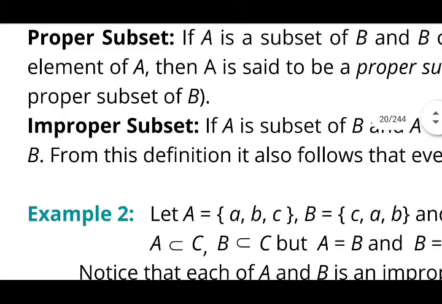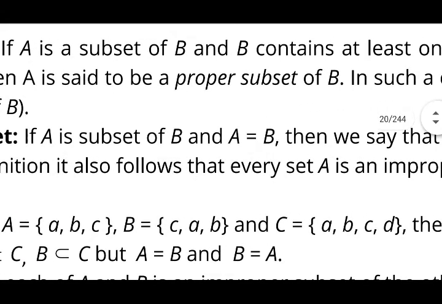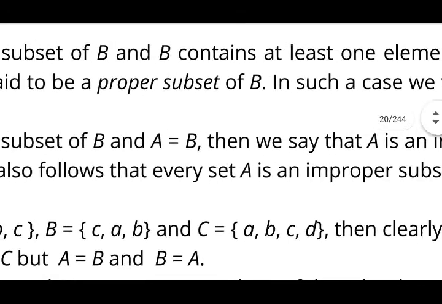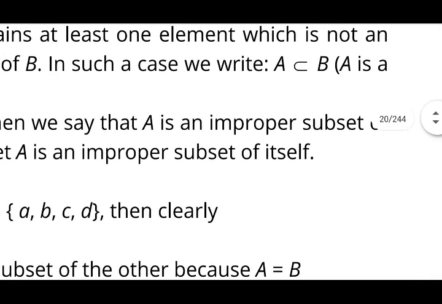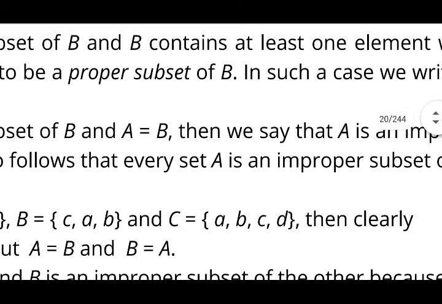Improper subset: if A is a subset of B and also equal, then we say that A is an improper subset. It means for an improper subset, both sets are equal.